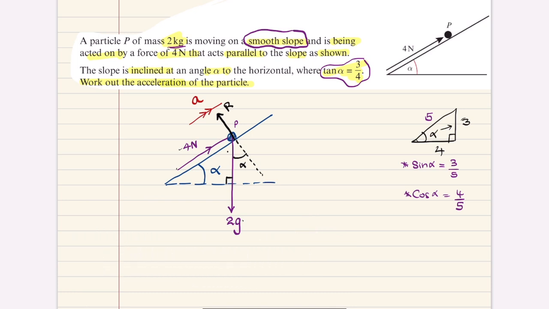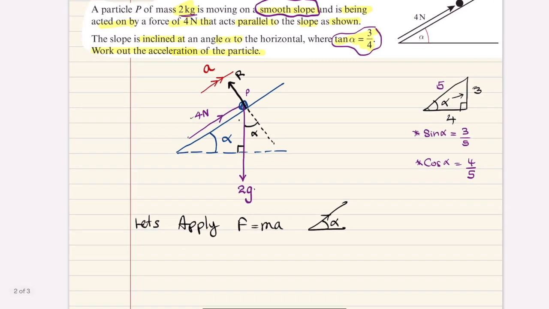So let's see. Since we are trying to figure out the value for a, which is the acceleration, we can apply F equals ma along the plane in the upward direction.